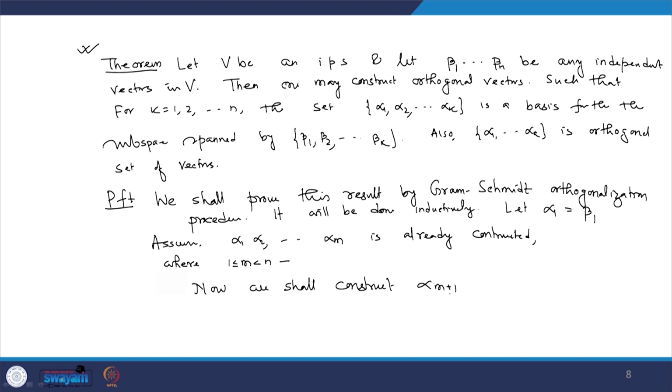Now, we shall construct alpha m plus 1: alpha m plus 1 equals beta m plus 1 minus the sum, for k equal to 1 to m, of the inner product of beta m plus 1 and alpha k over the norm of alpha k square, times alpha k. We have taken alpha m plus 1 like this.